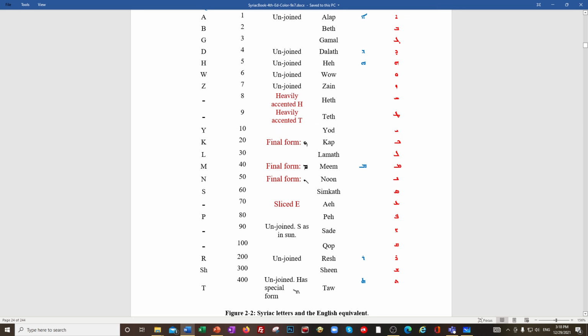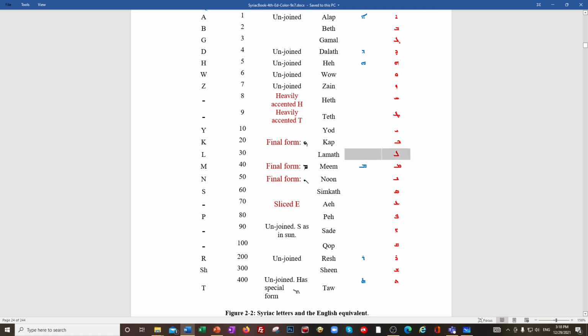Cap has a final form. Remember, we have 3 letters that have a final form. This is the first one of the final forms, and it looks like this. Cap, numeric value is 20, and it is K in English.